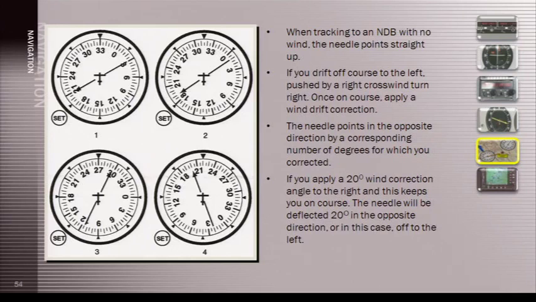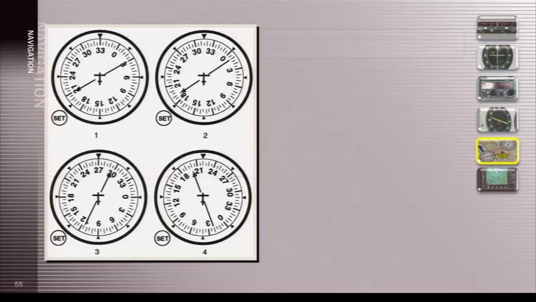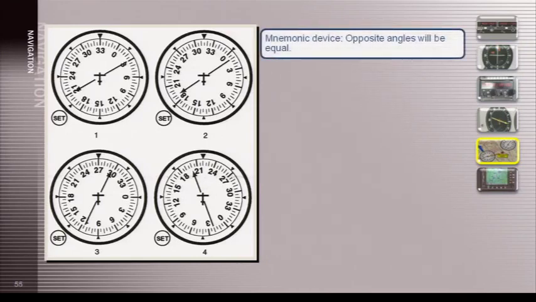The needle points in the opposite direction by a corresponding number of degrees. Say you apply a 20-degree wind correction angle to the right, and this keeps you on course. Your needle is going to be deflected 20 degrees in the opposite direction, or in this case, off to the left. Remember this phrase: opposite angles are going to be equal.